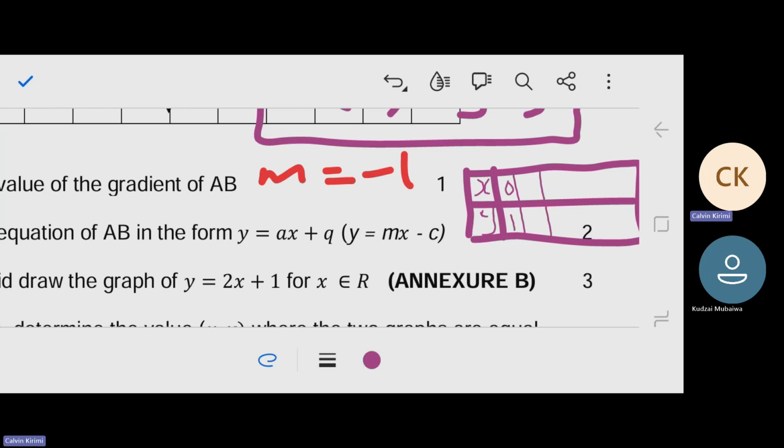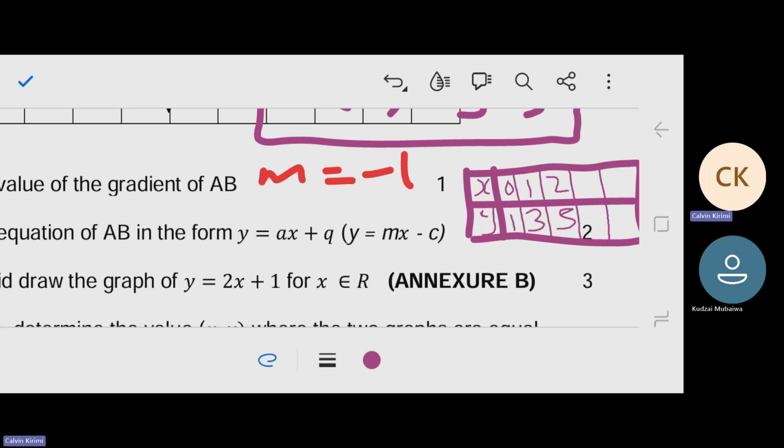Then when x is 1, what is the value of y? It's 3, because 2 times 1 is 2, plus 1, 3. When x is 2, it's not 6, but it's 5. 2 times 2, 4 plus 1, 5.